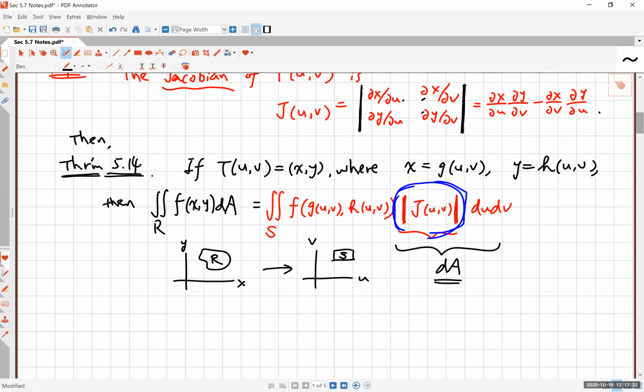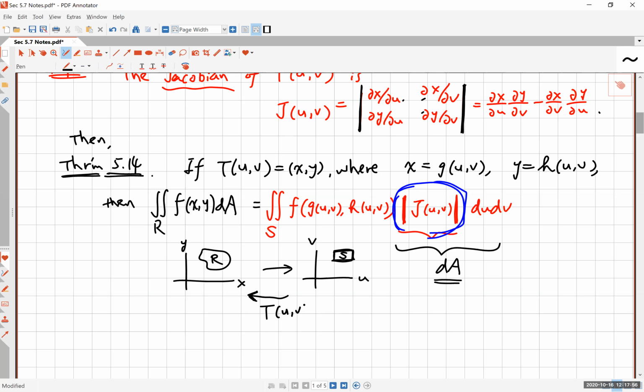But in order to do that, we are going to go into the different world of u and v, where the region corresponding to R is called S, which hopefully is simpler. And we are integrating the function f over S. And then the answer is going to be given, right? And that answer is going to be provided to the world of x and y.